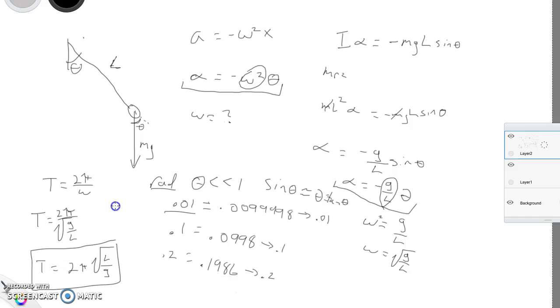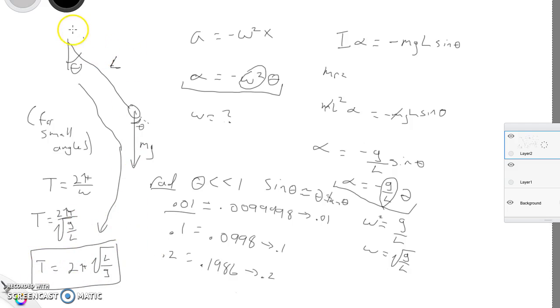And so the condition for using this formula is that theta needs to be very small. So for small angles, and when we say small angles, probably about 20 degrees or less, then this formula is a pretty good model for the period of the pendulum.